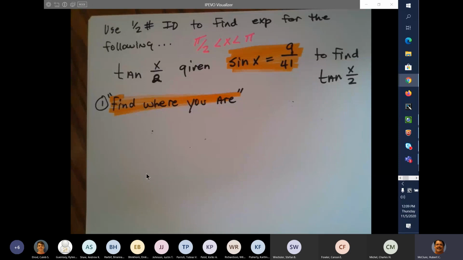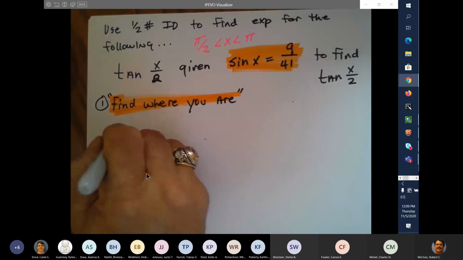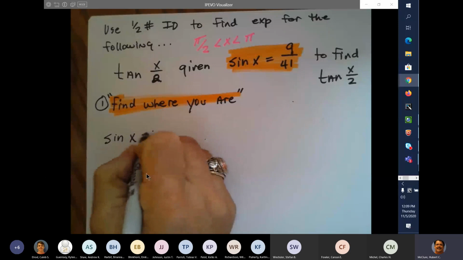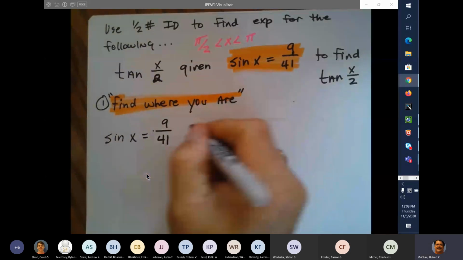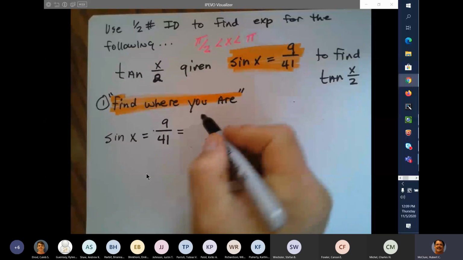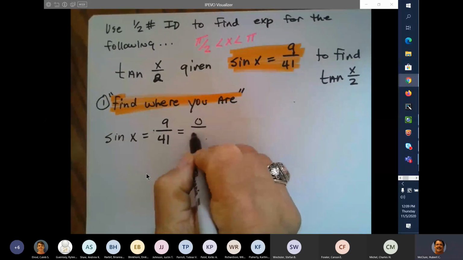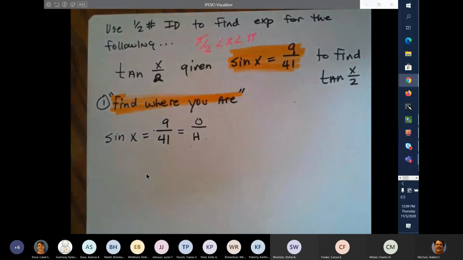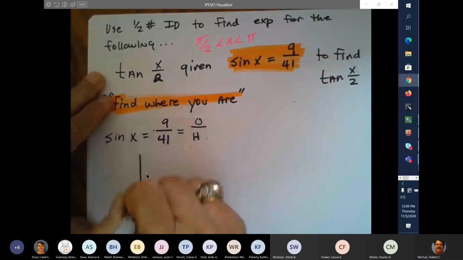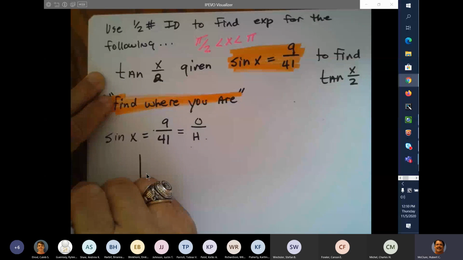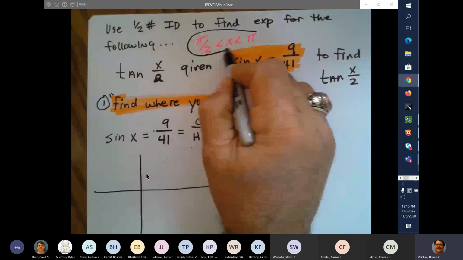Sine of x is equal to 9 over 41. And we know that, somebody tell me what quadrant this is.